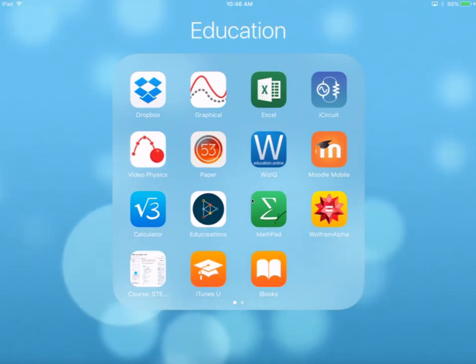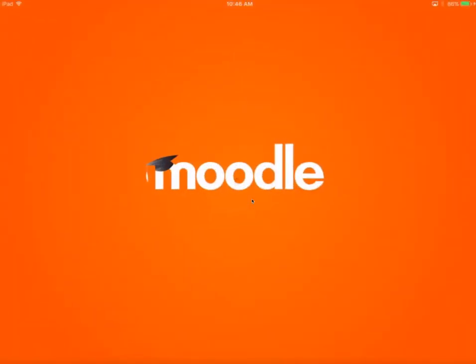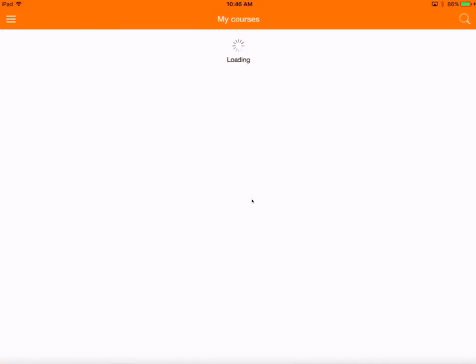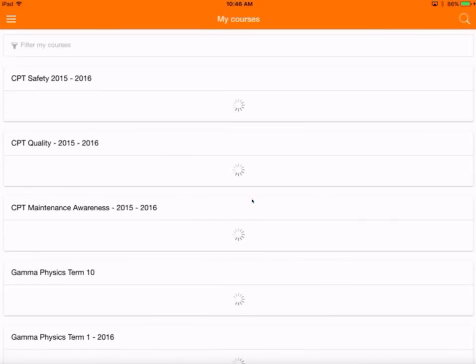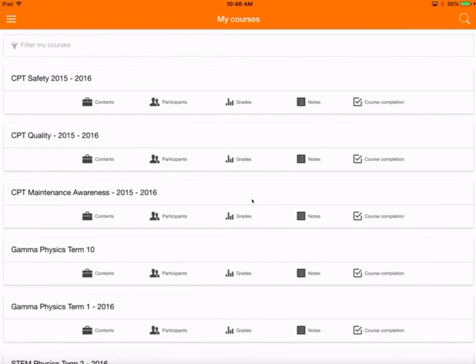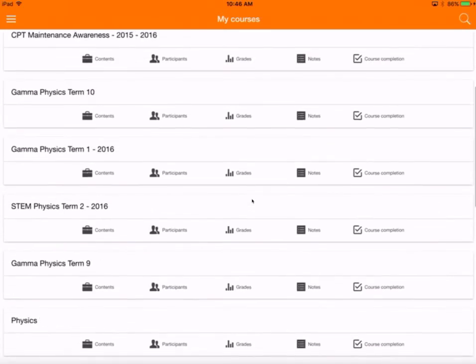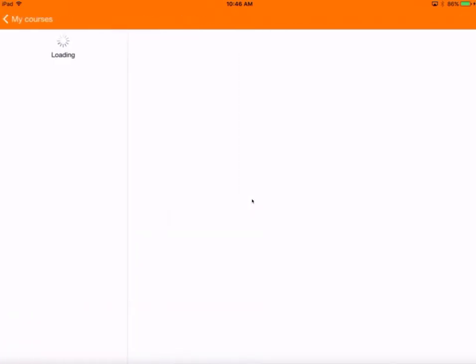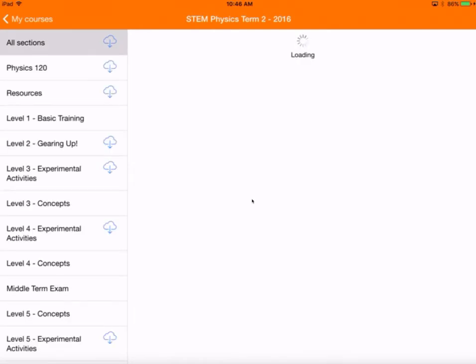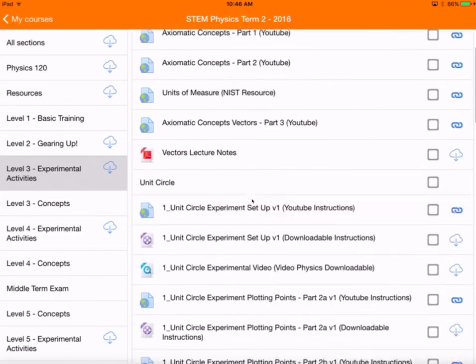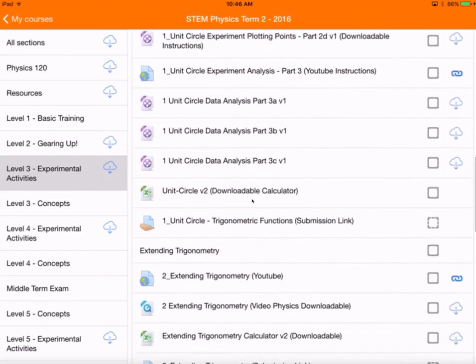We can go back to Mobile Moodle here. And this is where we'll find our resources. If I go into STEM, Physics, Term 2, and go to Level 3 Experimental Activities, just go down here a little bit.